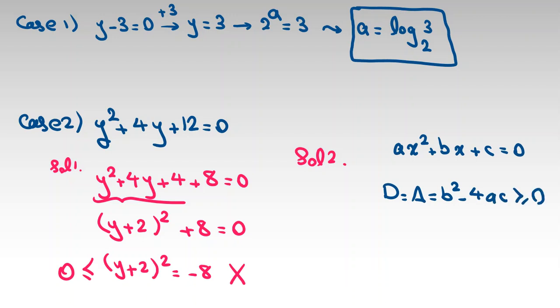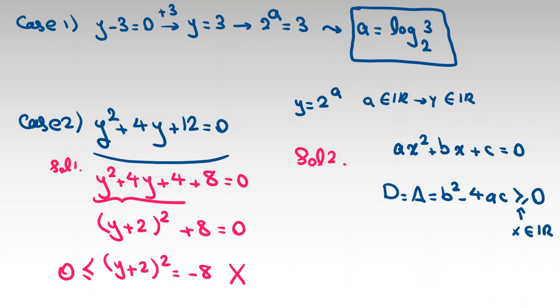One necessary condition is that it has to be greater than or equal to 0 if x is a real number. Now, because a is real, and y equals 2 to the a, y is a real number. Here, our equation is y squared plus 4y plus 12 equals 0.